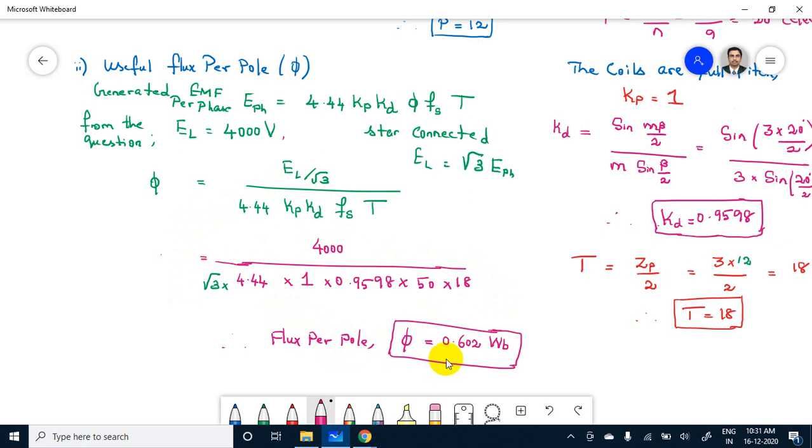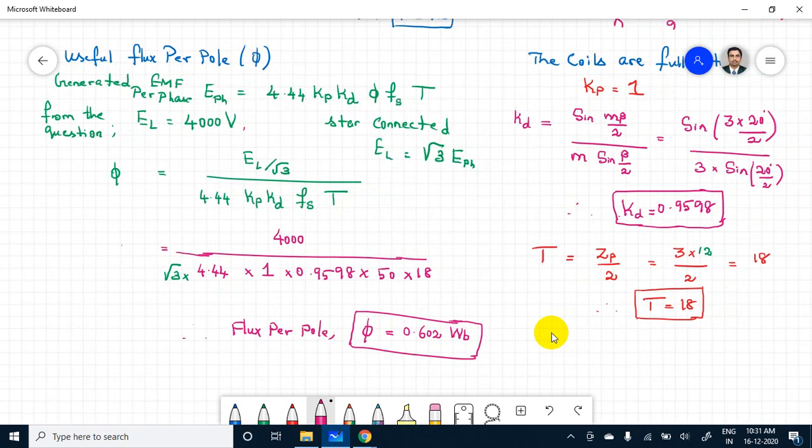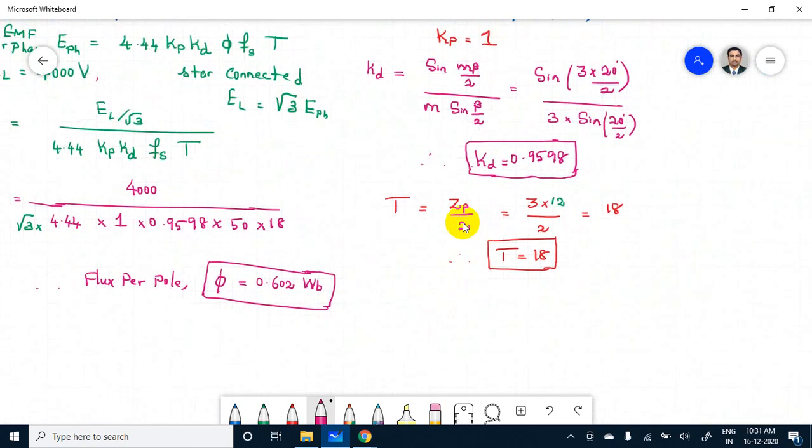Sir, can you explain the T calculation? Which calculation? Oh, T calculation. See, this T is equal to ZP by 2. This is the formula.